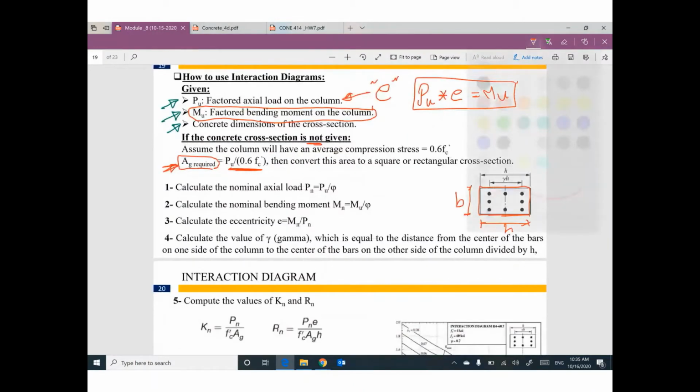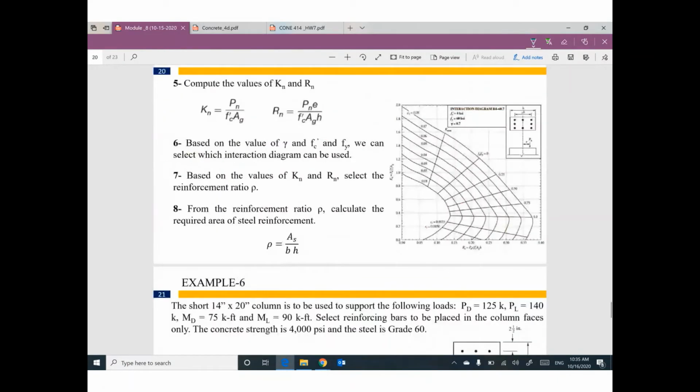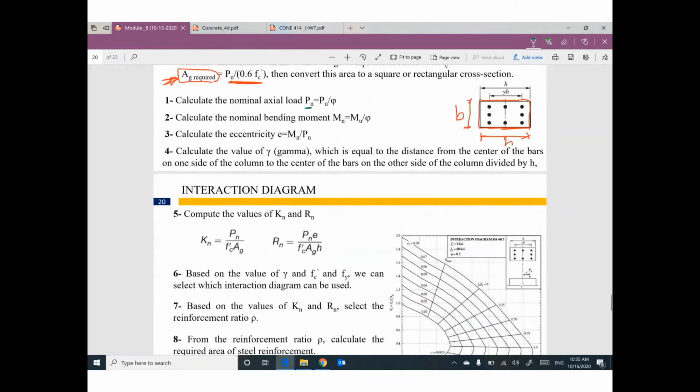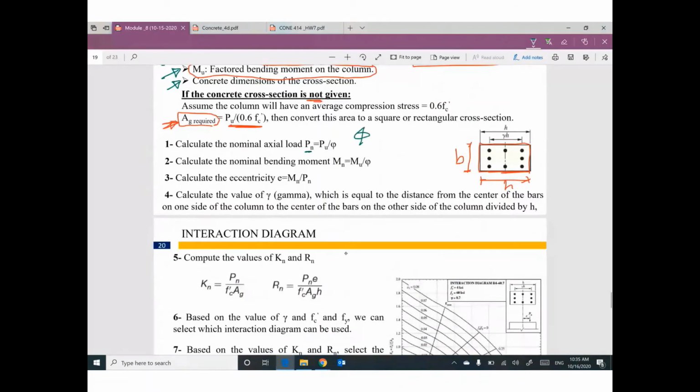First step, we need to figure out the value of Pn, which equals P ultimate divided by phi. Phi equals 0.65.